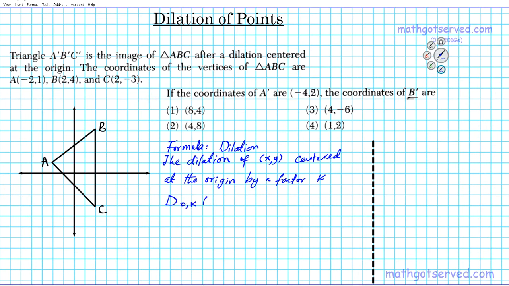We're dilating the point (x, y). It's going to map you to (kx, ky).